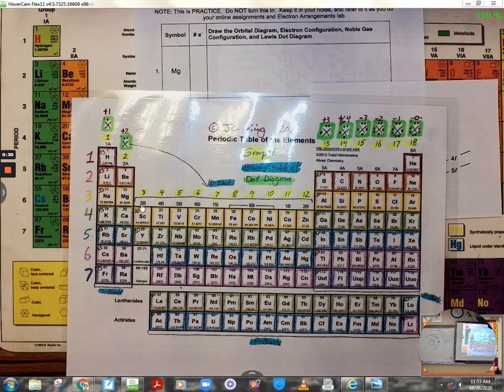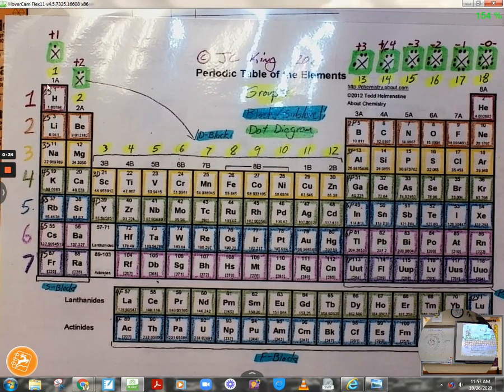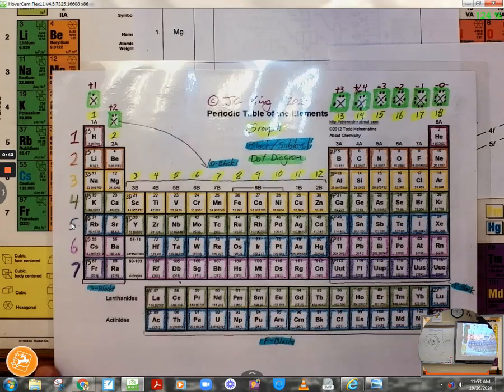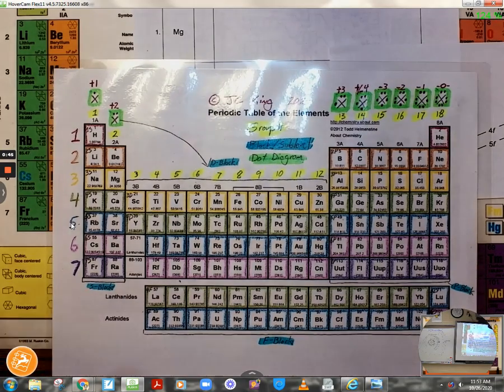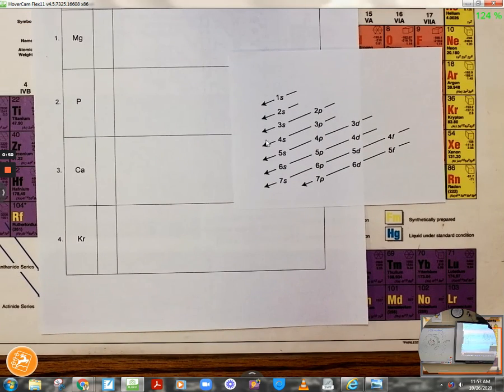And in particular, what we're looking at is going to be these markings I made in here with like 1s, 2s, 3s, 3d, etc. So I've also given you a couple new pieces of equipment today. This one right here is what I'm going to refer to as the arrow diagram.